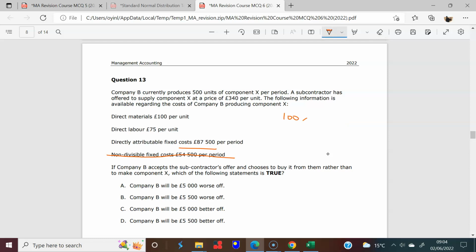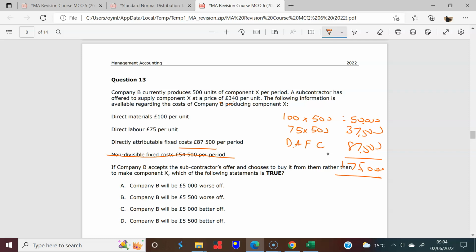We have 100 times 500 units. We have 75 times 500 units, and then we have directly attributable fixed costs as well of 87,500. So this is 50,000, this is 37,500. Add everything together and we have 175,000. That would be our spending.